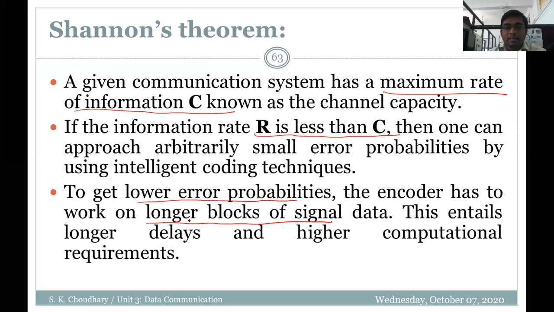This condition entails longer delays and higher computational requirements. If you increase the length of the block of signal data, it also imposes delay, and you also require more computation.